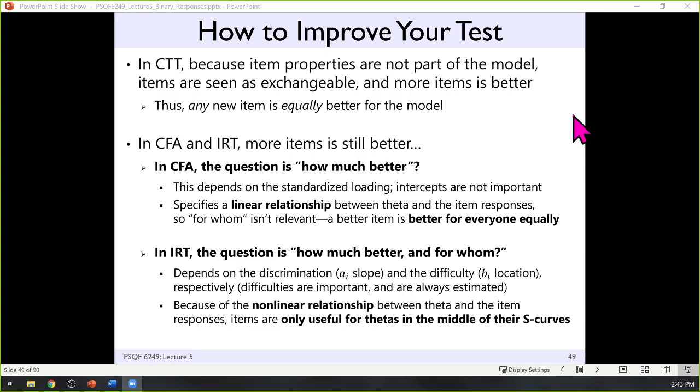And so items that have extreme levels of difficulty, so the ones that are designed for super high or super low people, they may have low loadings, low slopes, because there's not a lot of people out there. But that doesn't mean we should dump them. Let me put it that way. We should keep them if we want to measure low people or high people. We need those items.